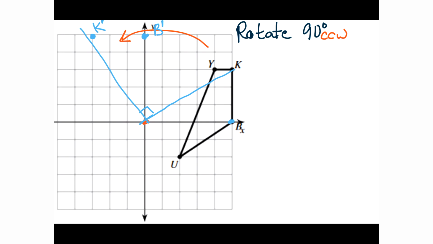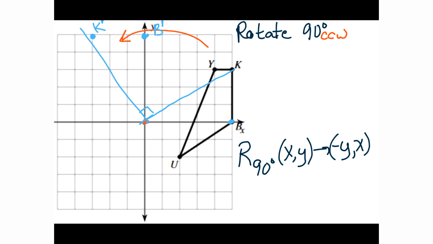So let's take a look at the rotation rule for a 90 degree rotation. The rule states that a 90 degree rotation is a transformation of the xy coordinates so that we have a negative yx.